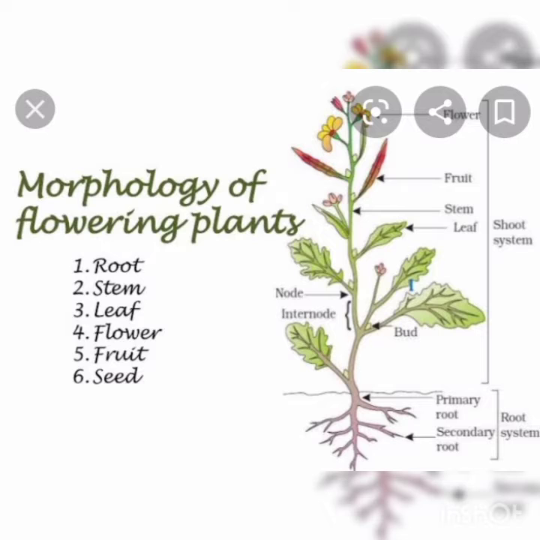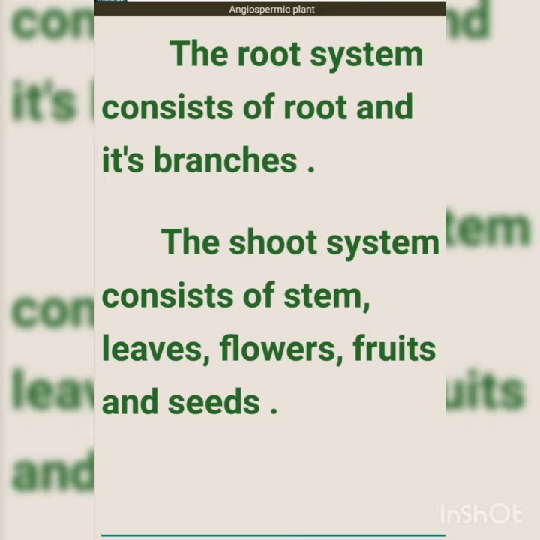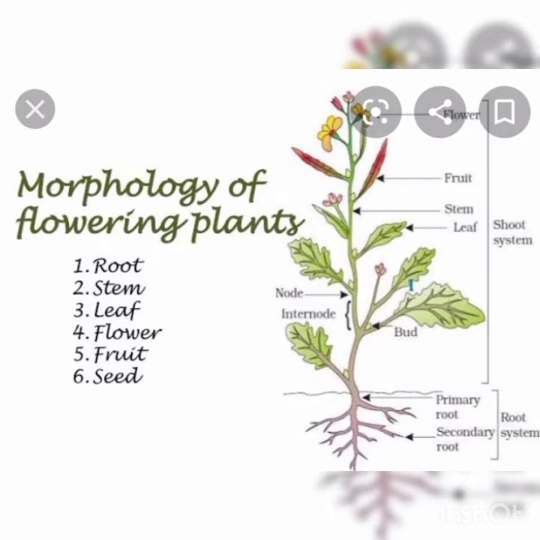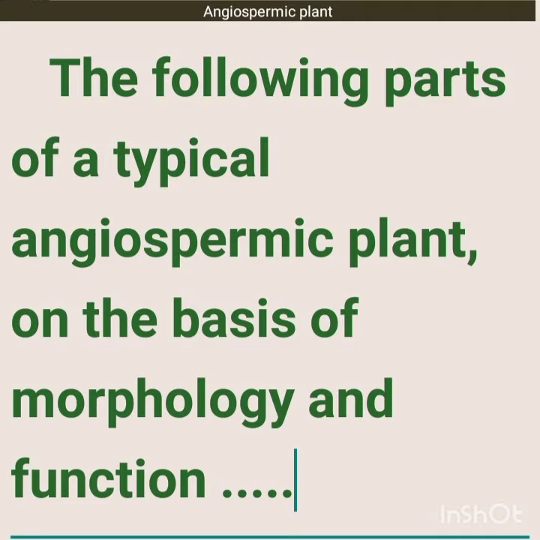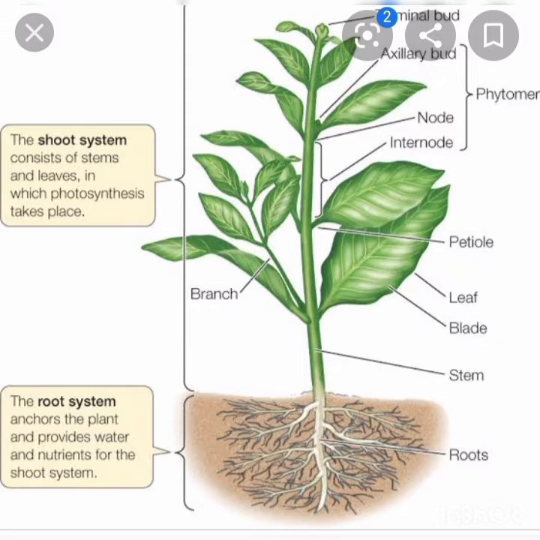The root system consists of root and its branches. Similarly, the shoot system consists of stem, leaves, flowers, fruits and seeds. A typical angiospermic plant, on the basis of morphology and function, has parts like root, stem, leaves, pods, seeds, fruits, etc. We will discuss it step by step.